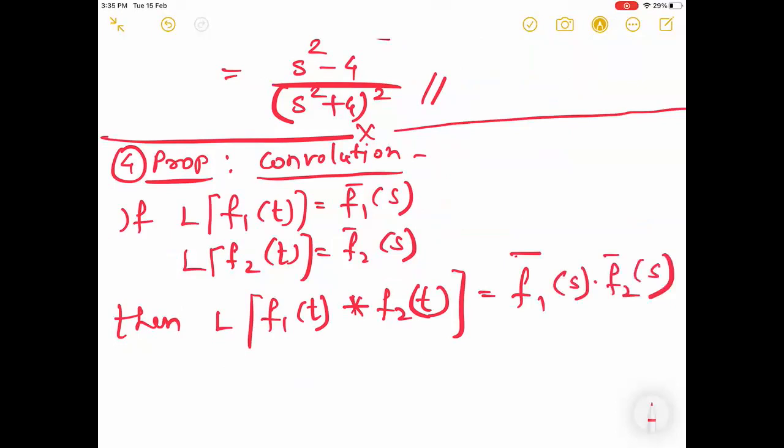Okay, that multiplication. So the convolution star operation will convert into multiplication on the right hand side between the s functions, s domains. And that way we will be getting the answer for this convolution property.